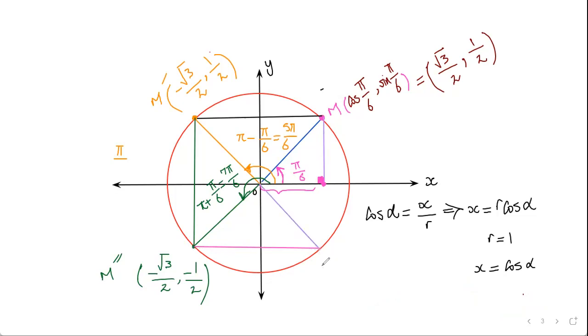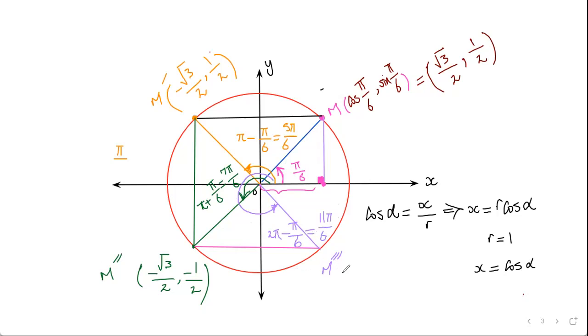It becomes my m triple prime. The angle is this, all the way comes here, which is 2 pi minus pi over 6, which is 11 pi over 6.